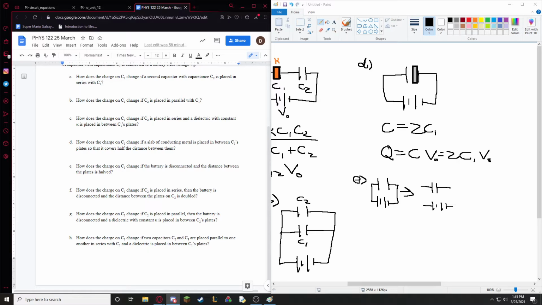So what does change in this case? The voltage changes how? It would decrease. And what else happens? What increases to keep the charge constant?